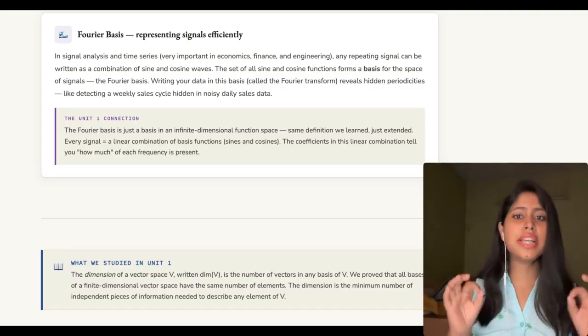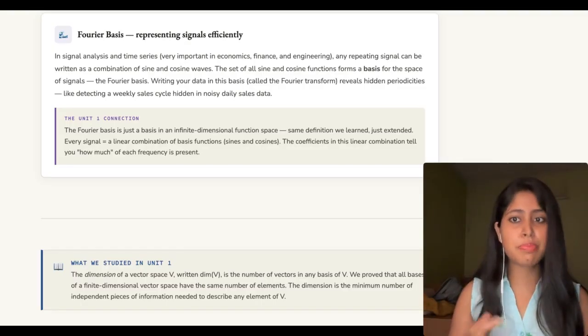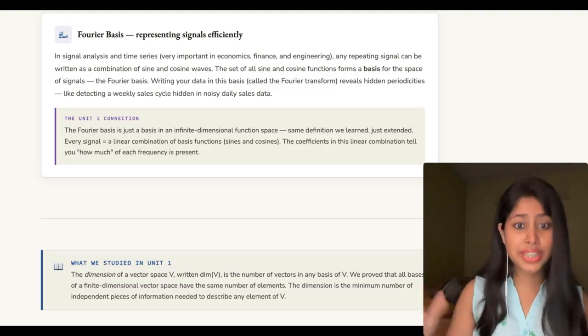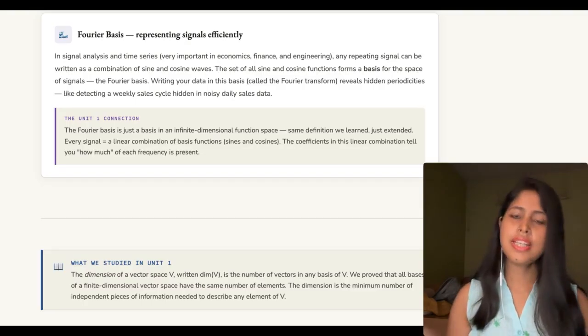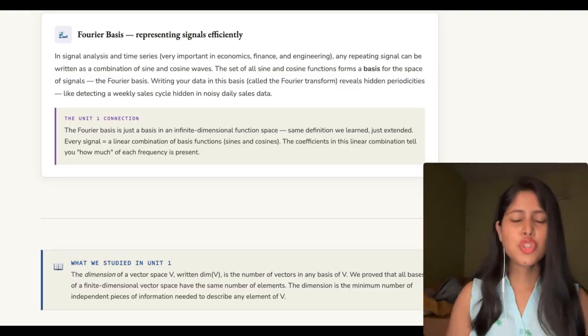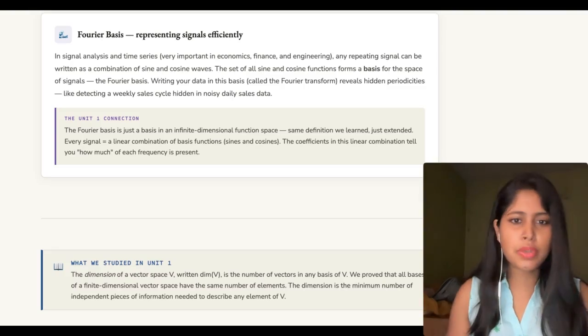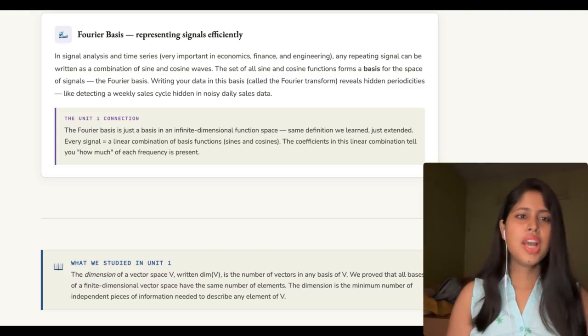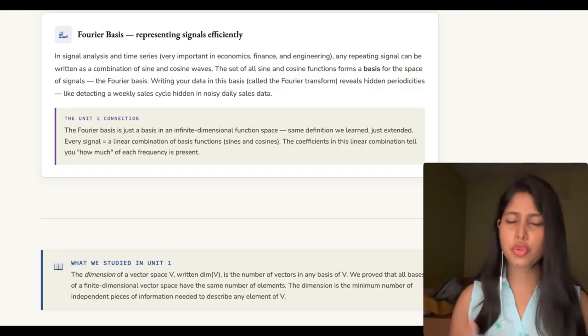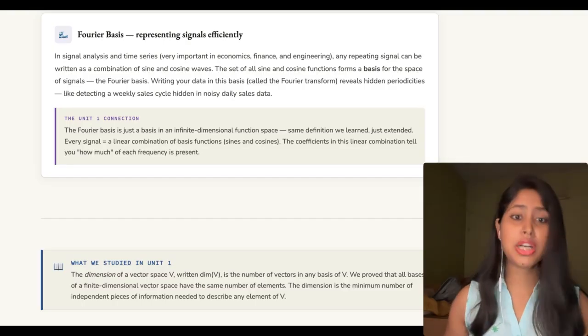This reveals hidden patterns, like detecting that sales spike every 7 days, a weekly cycle, or that there's a yearly seasonal trend. The Fourier transform is literally a change of basis. Same data, different coordinate system, much cleaner structure. This is not something we learn in the statistics department, but if you're studying mathematics, you must have learned Fourier series in a much extended form.